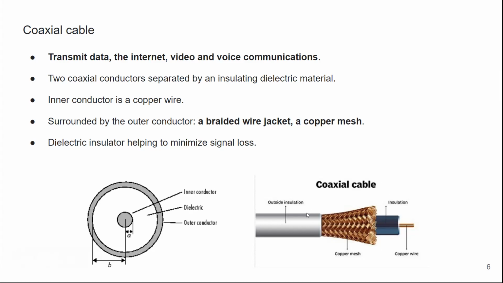And then we have an outside insulation which will surround the total coaxial cable, and it is made of plastic or some kind of insulating material which will prevent any damage to the coaxial cable. So the dielectric insulator is used to minimize the signal loss.